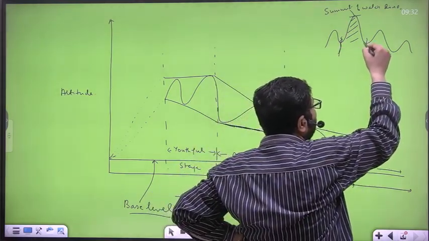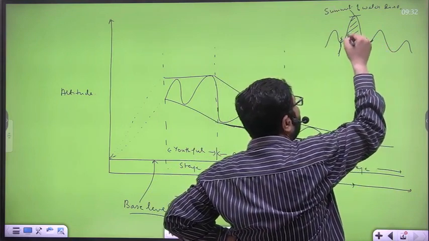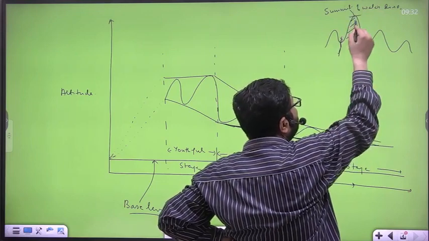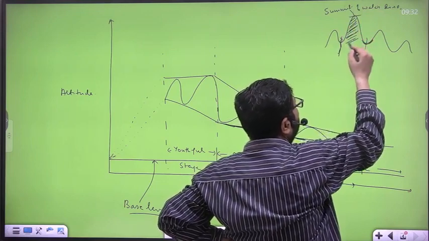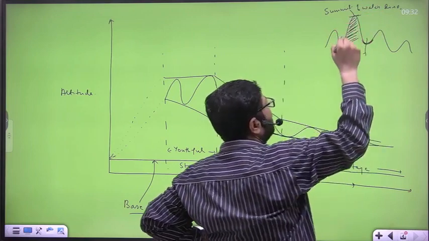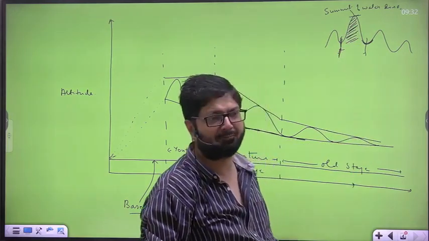This represents valley bottom. River valley, valley bottom, and the intervening area, that is interfluve. This is known as water divide, separating two rivers. And the top of the water divide is known as summit of water divide.